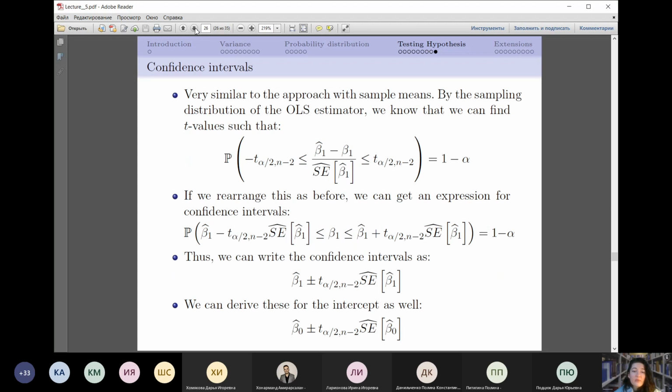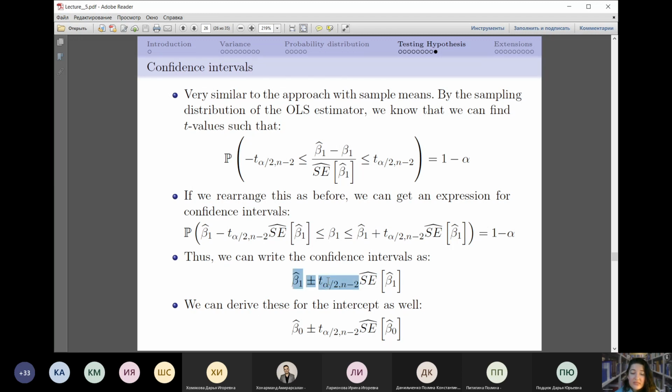Okay, so after you calculate the t-statistic, point estimate, and standard errors, you can construct the confidence intervals. Usually we will use 95% confidence intervals, and these are constructed by default in Stata and in some other software.